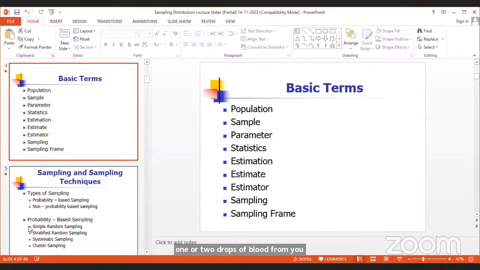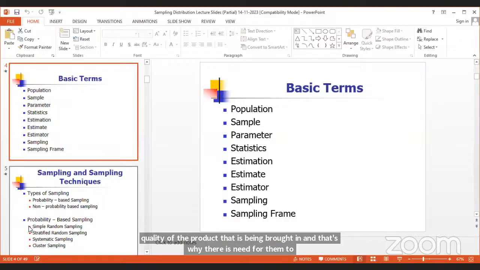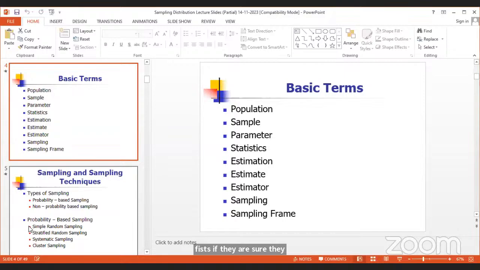So it's the same thing. The SON is not sure of the quality of the product that is being brought in, and that's why there is need for them to test. If they are sure, they have the complete information, then there is no need for them to take a sample or test. So that's the essence of a sample. You want to have an understanding of that population.